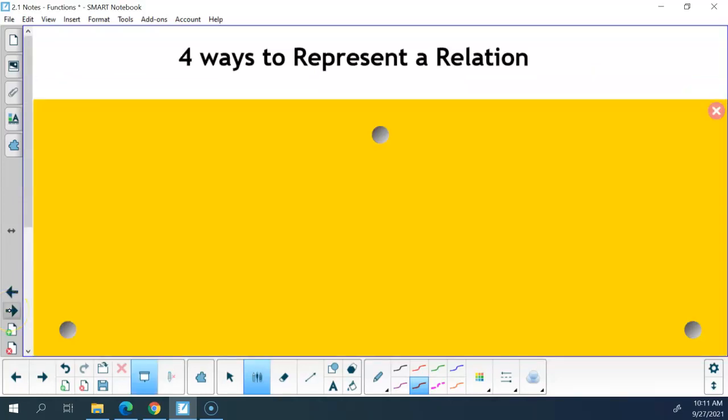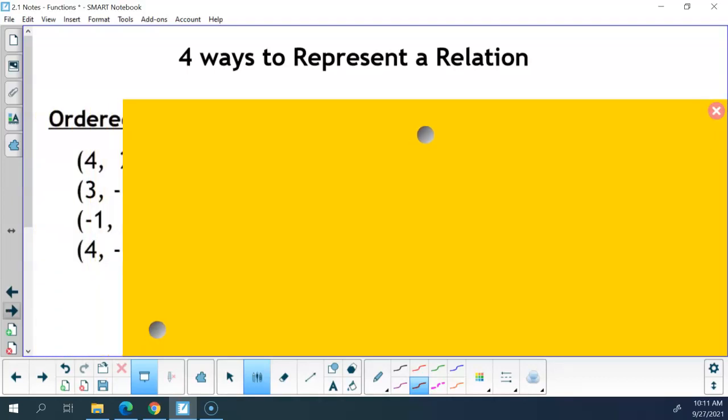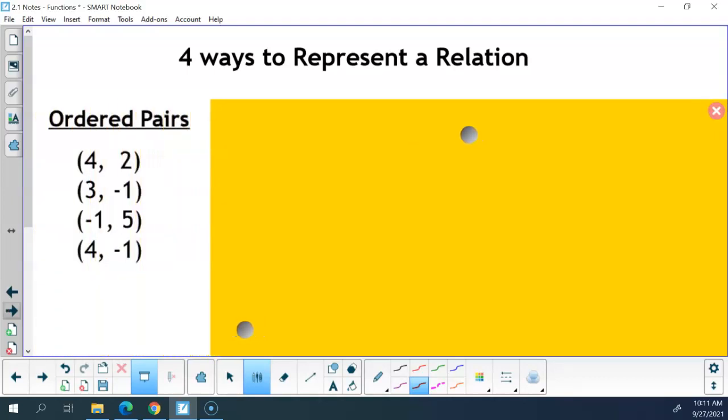Now, there are 4 different ways to represent a relation. The first way that you can represent a relation, and sometimes this works, sometimes this doesn't, is with ordered pairs. Now this relation I am going to show you on all 4 of the representations.